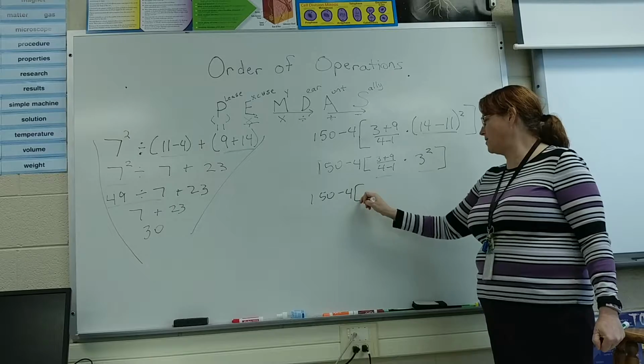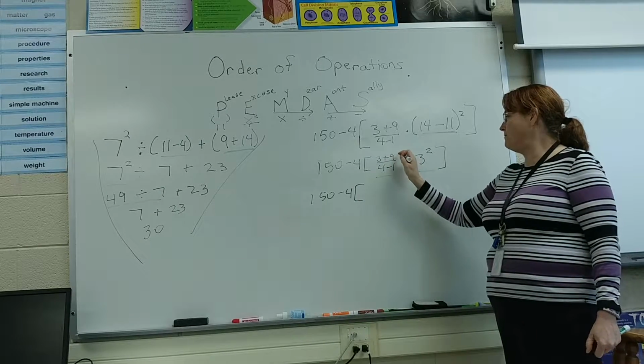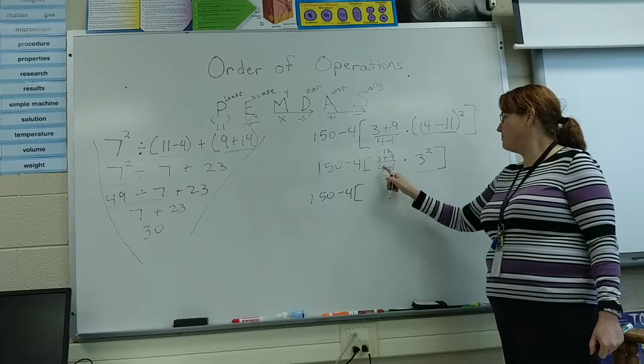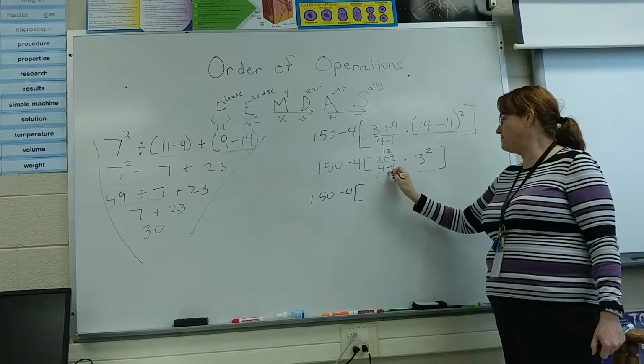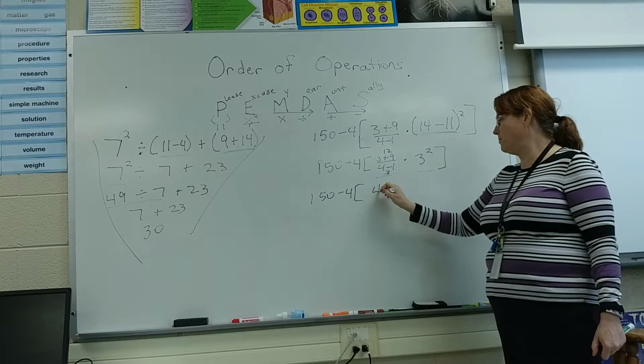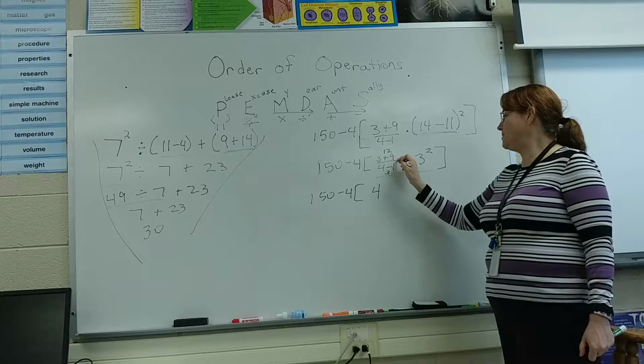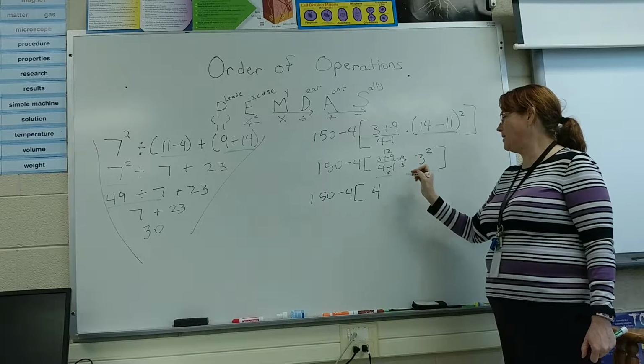We're going to keep our things, so we have to simplify this first. 3 plus 9 is 12. 4 take away 1 is 3. 12 divided by 3 is 4. So that one's simplified.